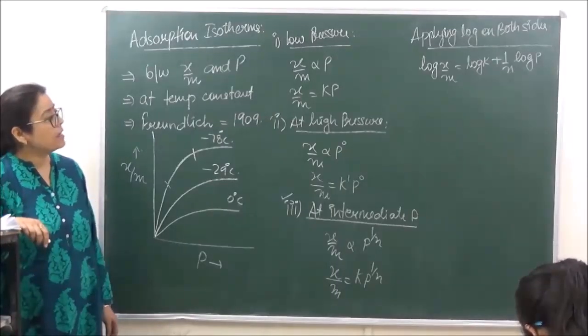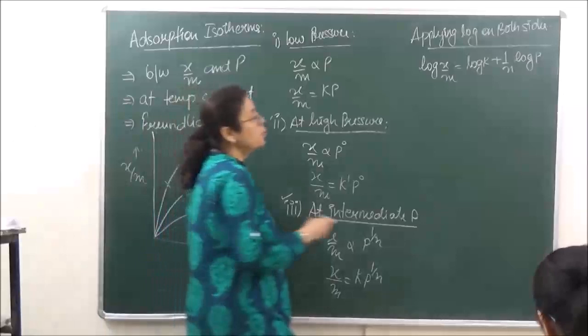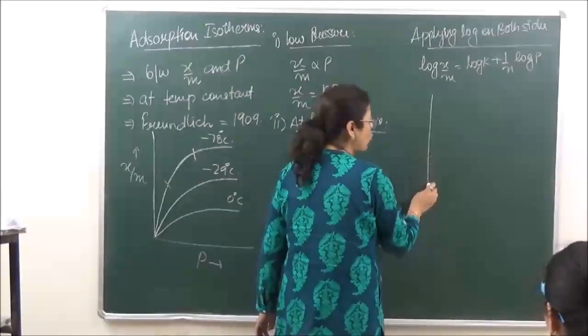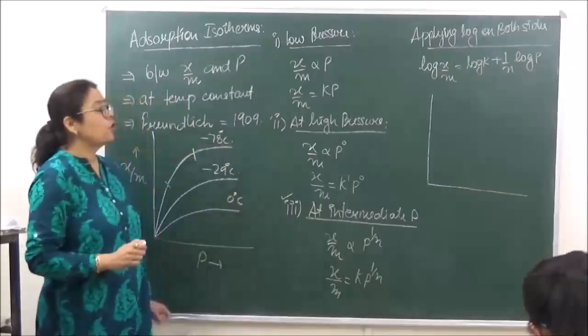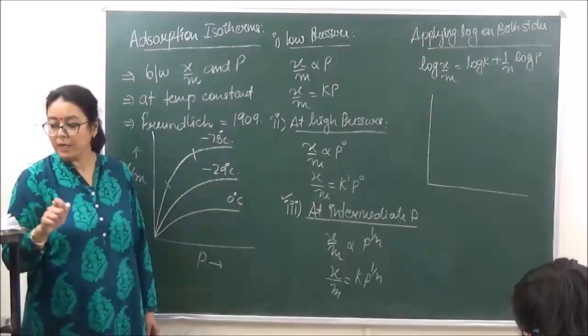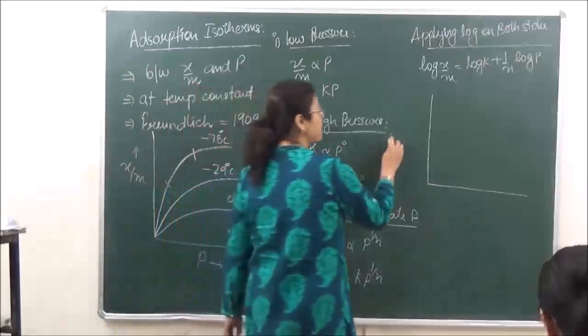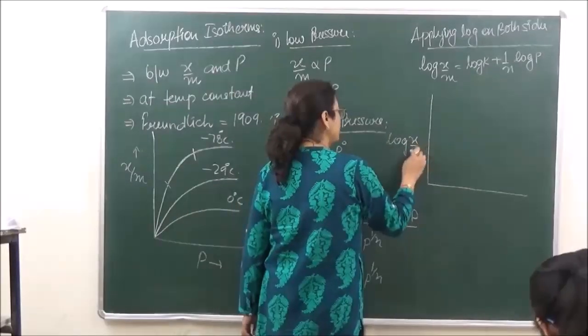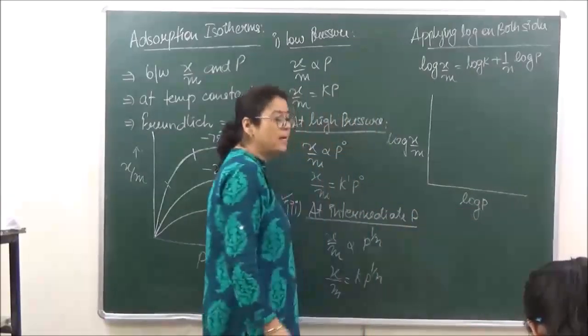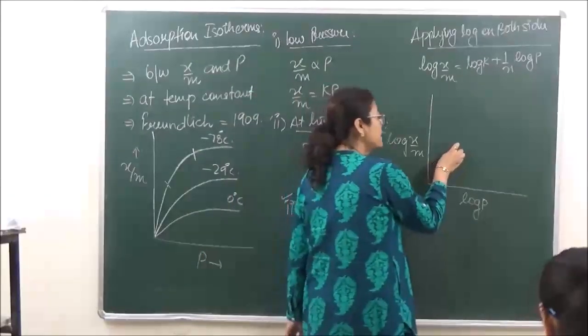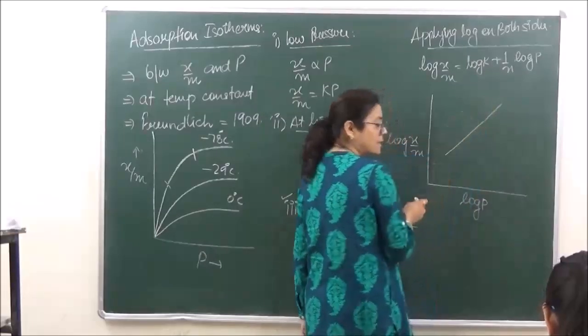Okay, now when we are looking at the validity of this law, for the validity of the law, we plot a graph between log of x upon m and log of p, and the graph comes as a straight line. Okay?